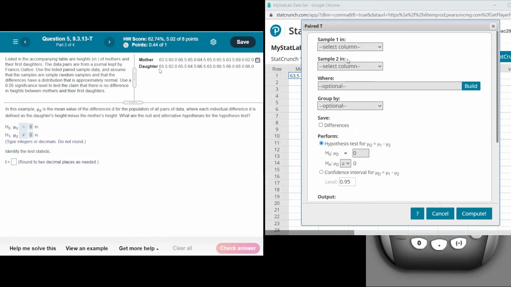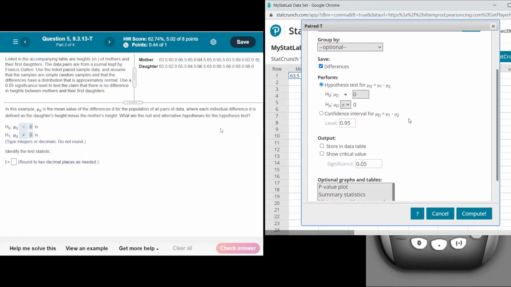Our daughter data set is going to be our M1, and we want to subtract the mother, which is M2. So M1 minus M2, daughter minus mother. So make sure we put the daughter first. Sample 2 will be mother. We're going to save the differences.